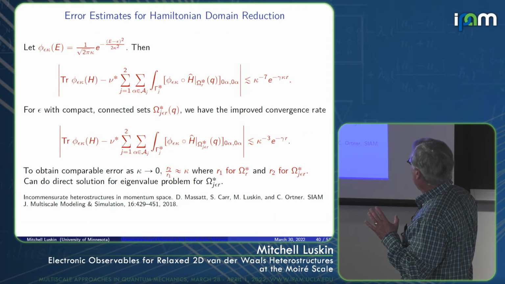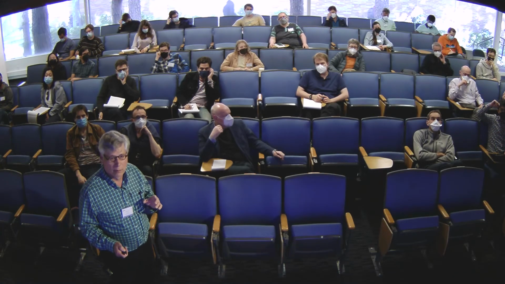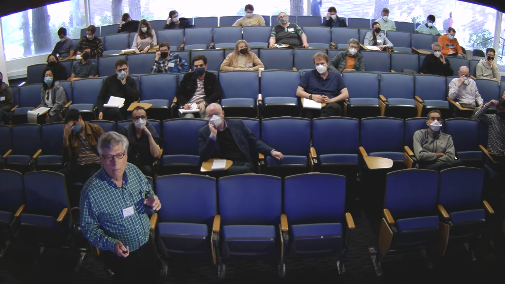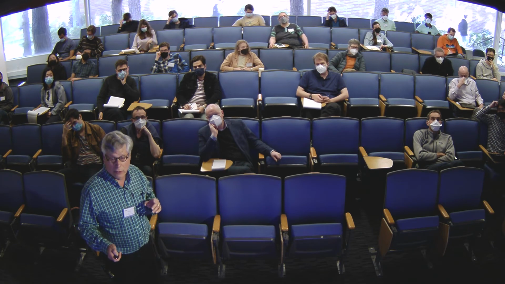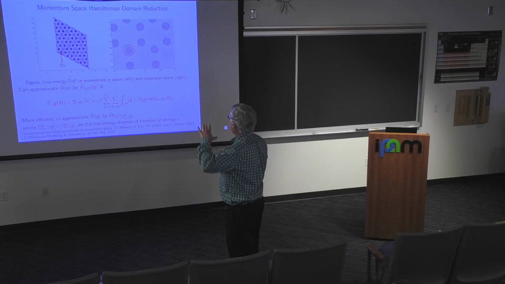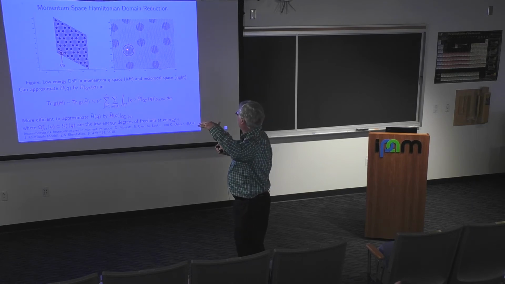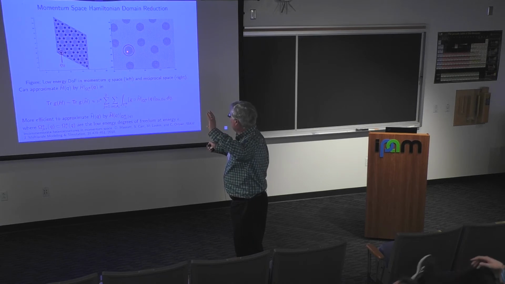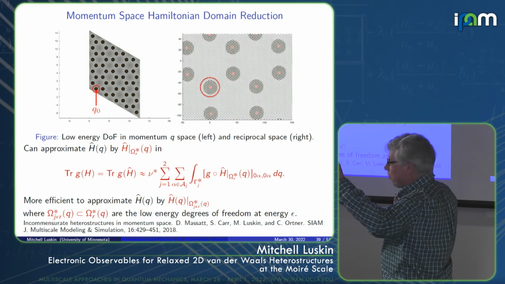Can I ask? The previous one, you have this honeycomb-like shaded region. Do they correspond to the two valleys? Yes. Include all the two? Yeah. This is just the reciprocal lattice vectors of both layers 1 and 2, and you see the Moiré structure. This one corresponds to the K valley, and this is K prime.